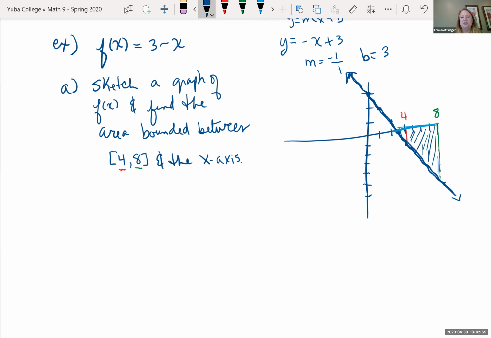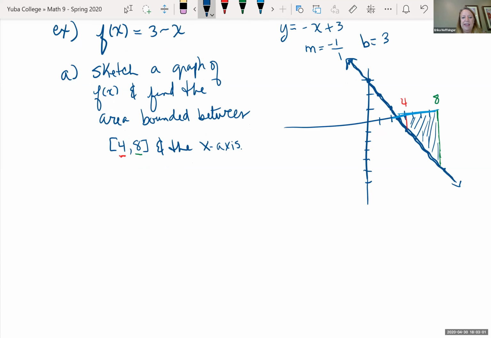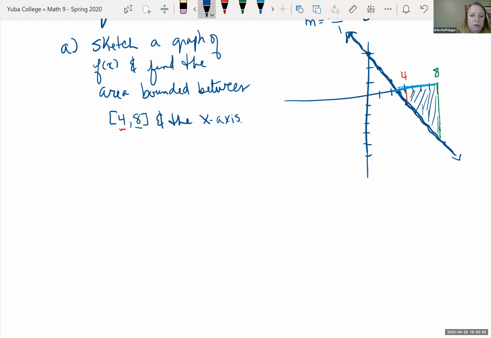Well, notice you have 2 separate triangles in there, right? You have this triangle, the bigger one, and then we're trying to cut out the smaller one in here. So we want the area of the big triangle minus the area of our small triangle.